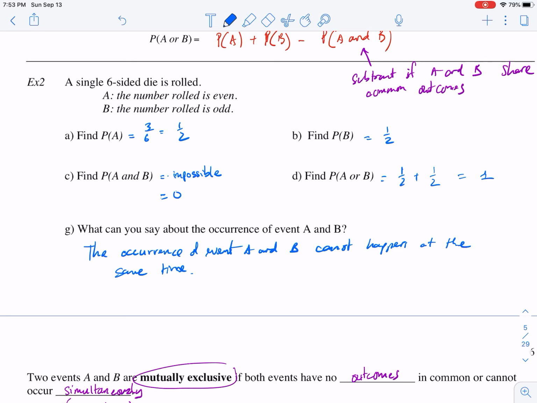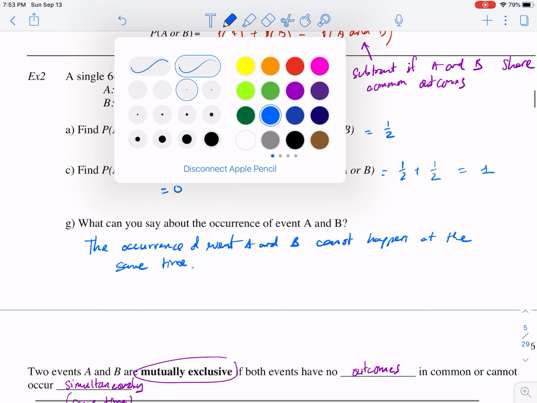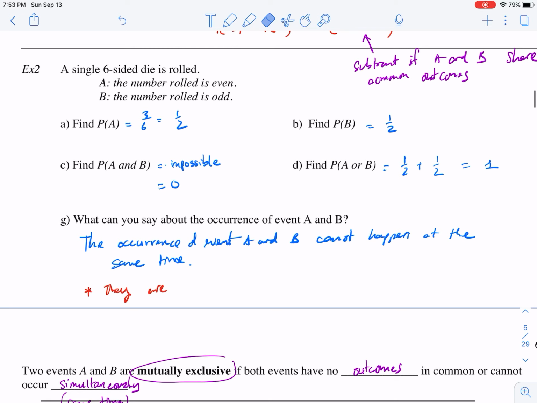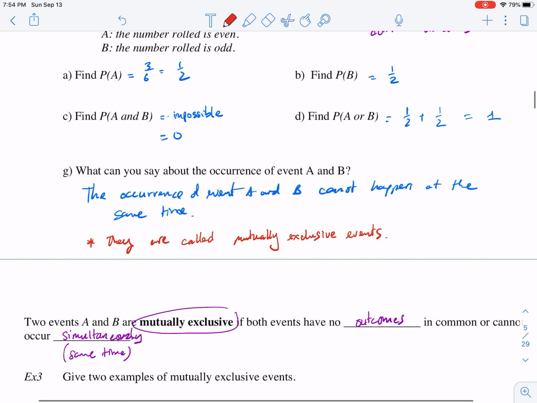And the term for that is they are called mutually exclusive events, if 2 events cannot occur at the same time or don't share common outcomes, in the next page here.